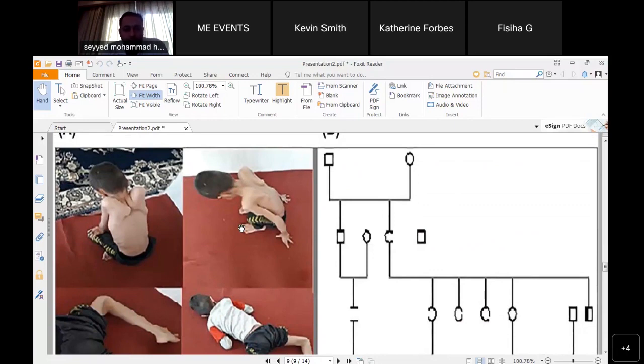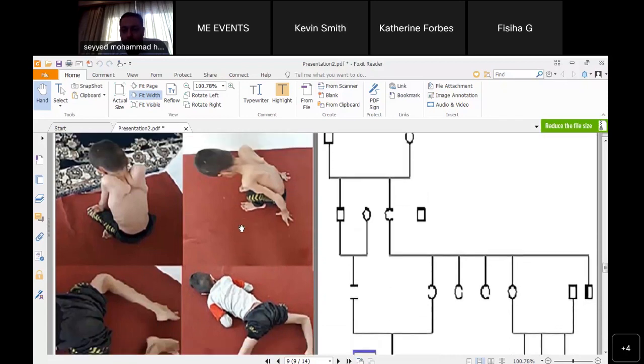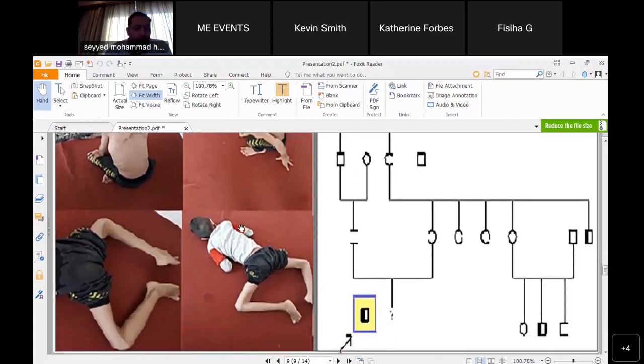Picture B is the pedigree of our case, the pedigree of the study family. In the family tree, you can see that our case has a family history, and two of his family members suffered from this disease and died.